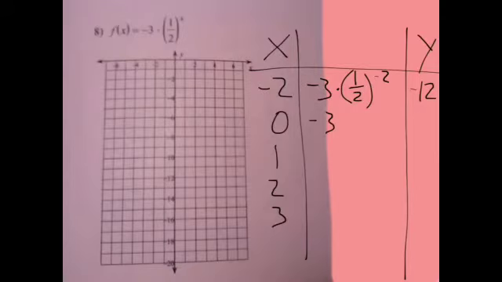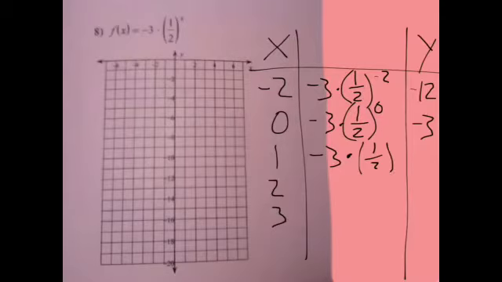And then we got -3 times 1/2 to the 0th power. That's just going to be -3, because anything to the 0th power, aside from 0, is just going to be 1. Then -3 times 1/2 to the first power. 1/2 to the first is just 1/2, so -3 over 2 is going to be our fraction there.